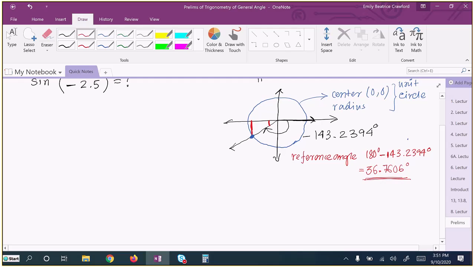Instead of working with the actual given angle, we draw the reference angle in the standard position. That is going to be about 36 degrees, and it should be in the first quadrant. So let's say this is the angle, 36.7606 degrees. And again, we think about the unit circle.